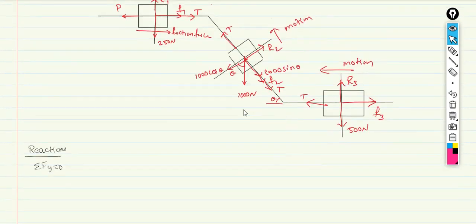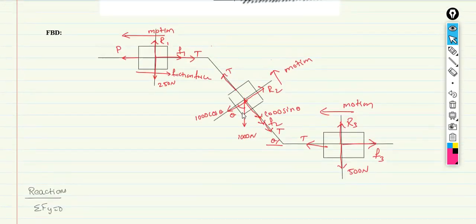Let us go for this block, block 1. The upward force is R1 minus the downward force 250 newtons, because downward force is negative and upward force is positive, equal to 0. Then R1 is equal to 250 newtons. Coming to block 2, sigma Fy equal to 0.